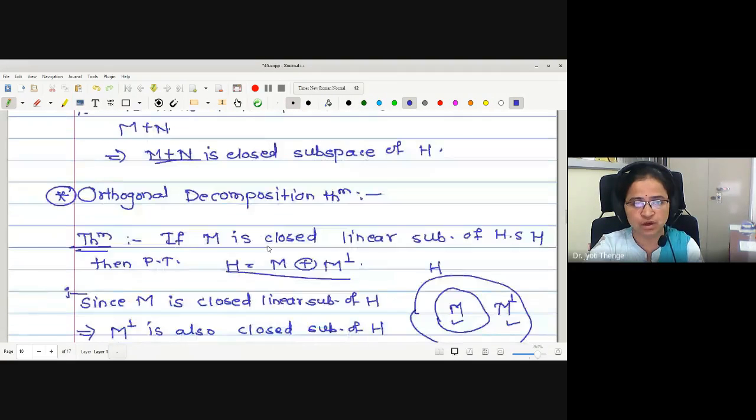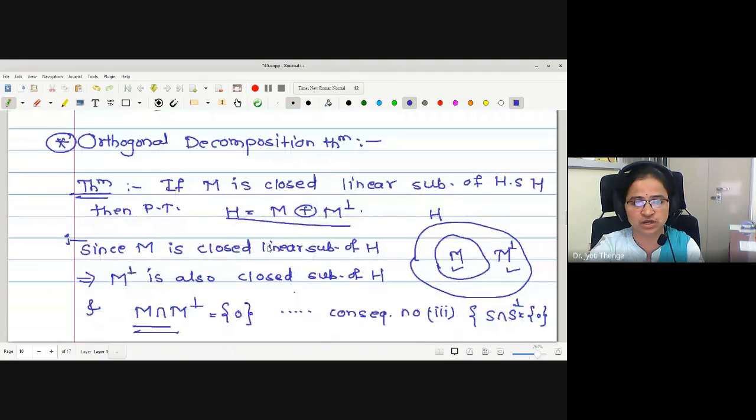And the fourth one, we have seen the orthogonal decomposition theorem. In the orthogonal decomposition, we have factorized the given Hilbert space into two parts. Which two parts? If M is a closed linear subspace, it will be one part of the factorization, and its orthogonal complement M perp will be the other part.